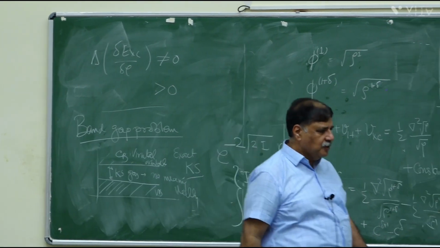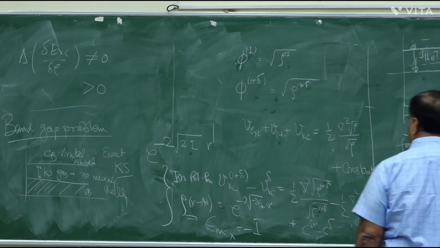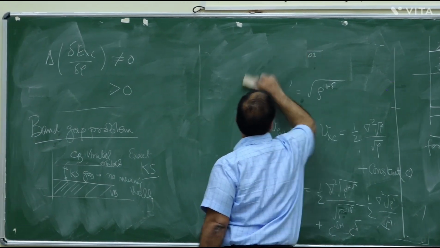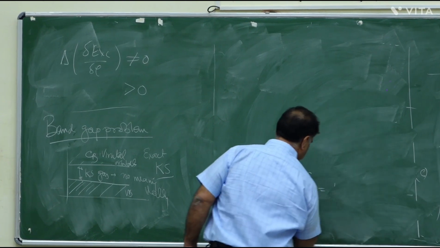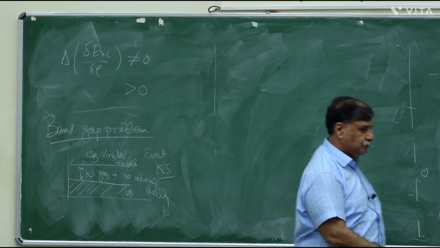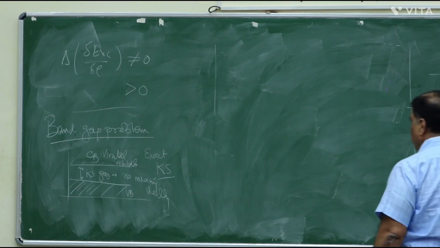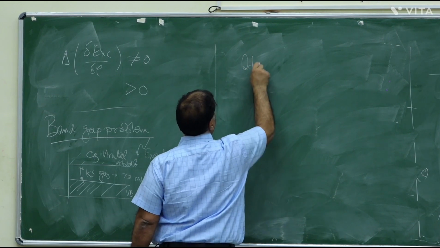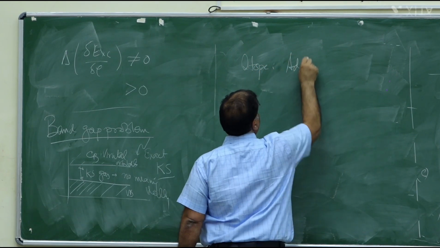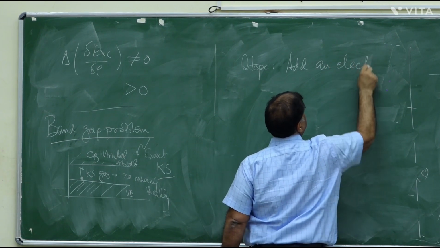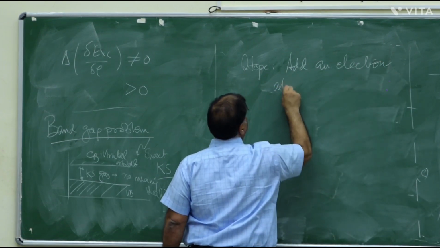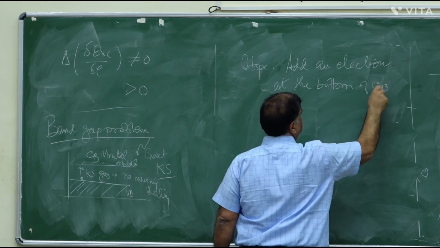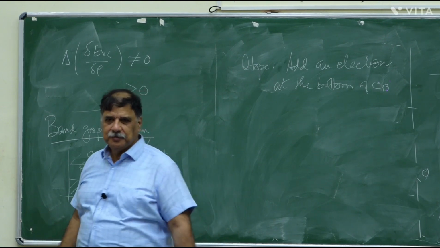But now let's see, in a semiconductor you would hope that if I add an extra electron at the bottom of the conduction band, nothing would change.